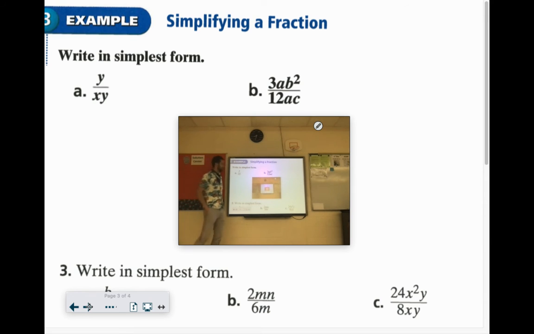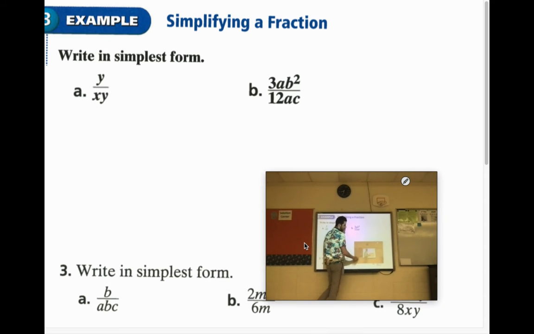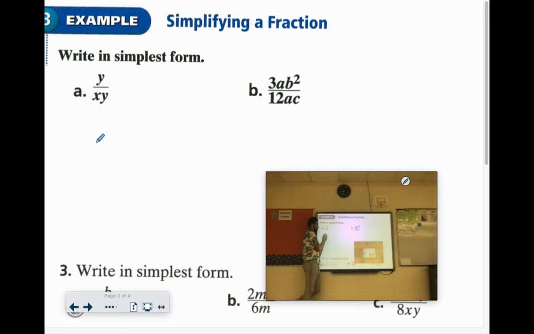Now we're going to bring in some variables. So on these first couple examples, I'll stretch them out a little bit, and I'll show you what I mean here in a second. And we'll learn a property for when you're dividing with exponents eventually. But if you have the same thing in the numerator and the denominator of a fraction, they will cancel each other out. So imagine if you had 2 times 3 over 4 times 2.